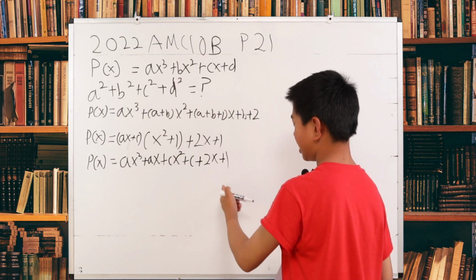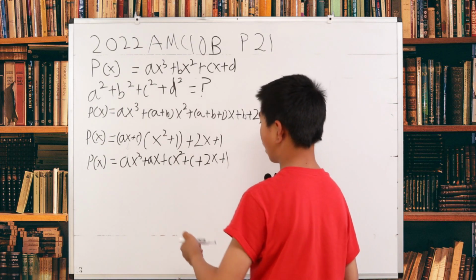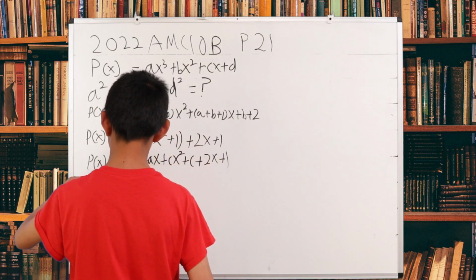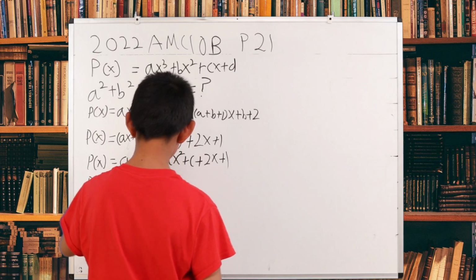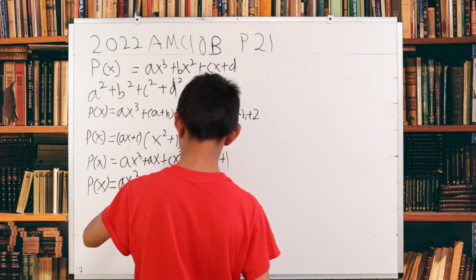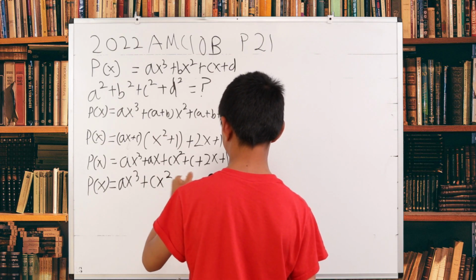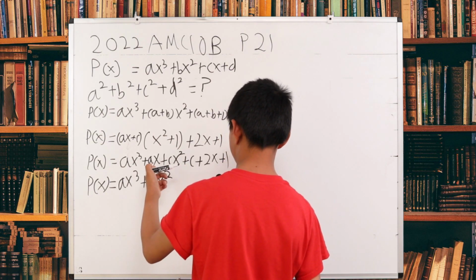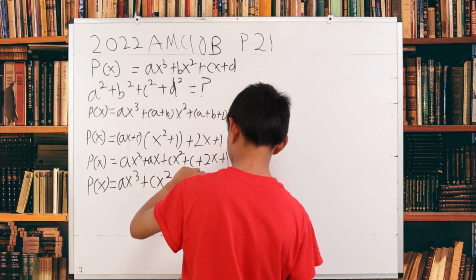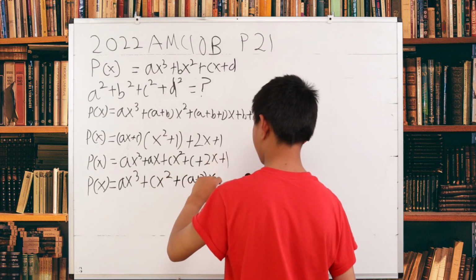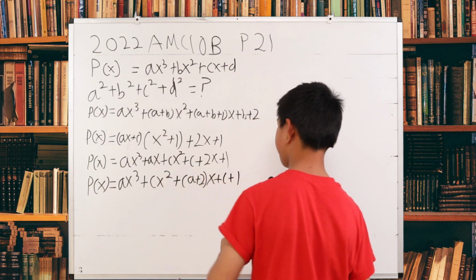We need to rewrite this in decreasing power order. So P of x is equal to ax cubed plus cx squared plus a plus 2 times x plus c plus 1.